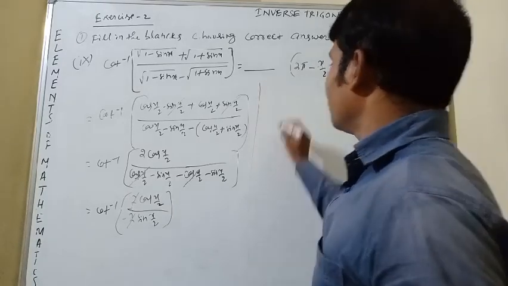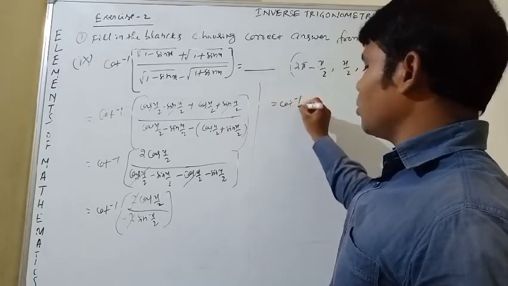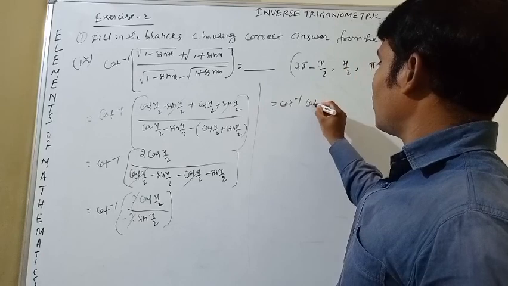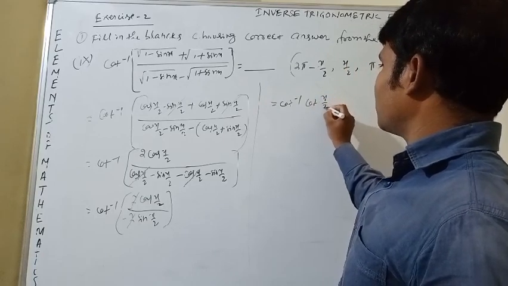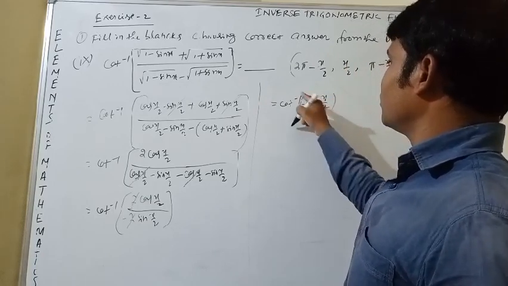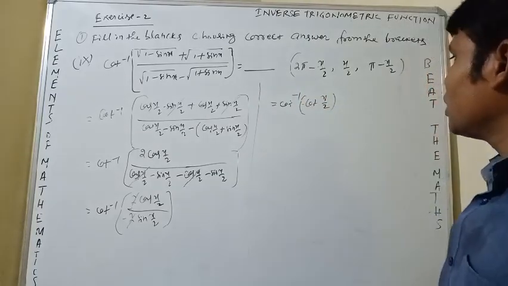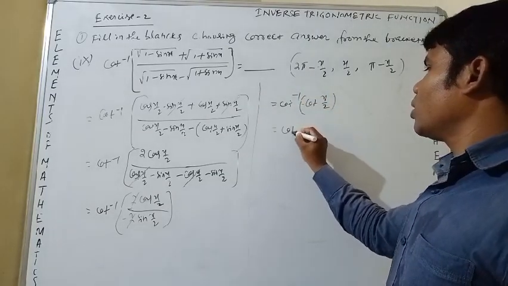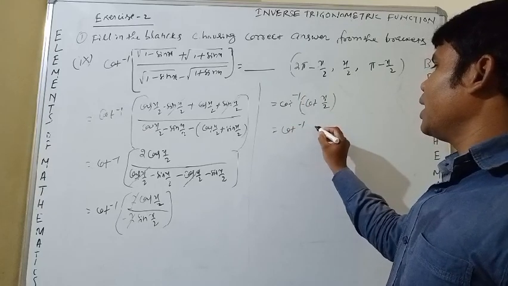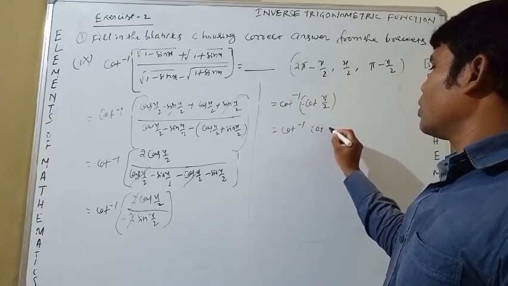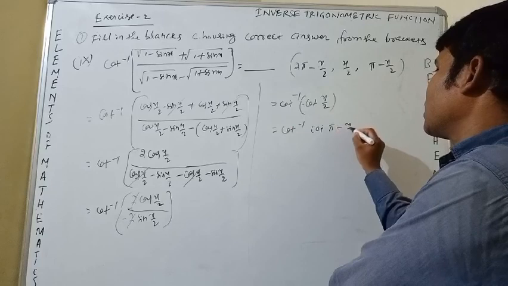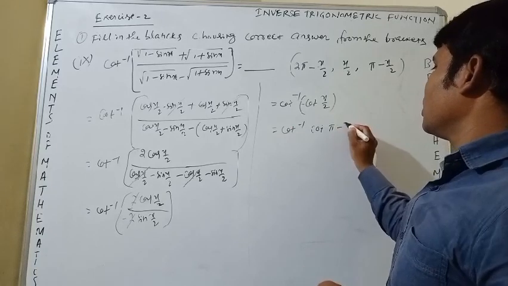Is equal to cot inverse of minus cot x by 2, which is cot inverse of cot (pi minus x by 2).